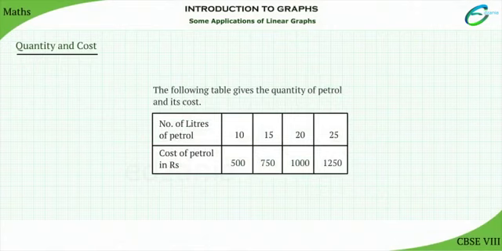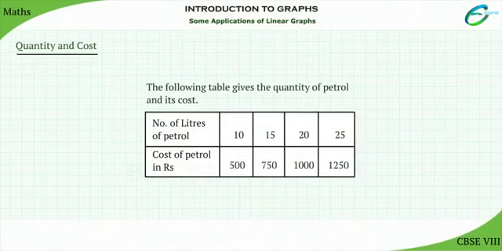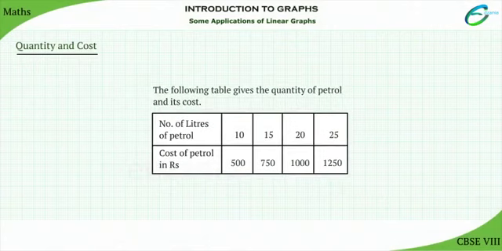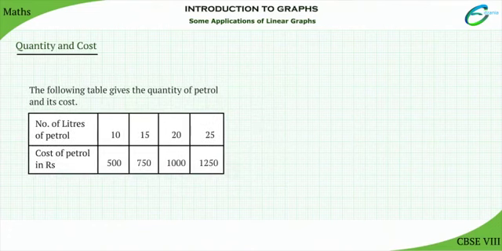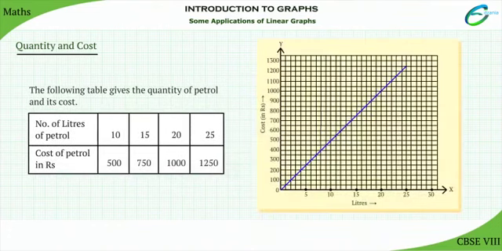Let us consider another example. The following table gives the quantity of petrol and its cost. Let's plot the graph to show the data. We mark number of liters along the x-axis and the cost of petrol along the y-axis.